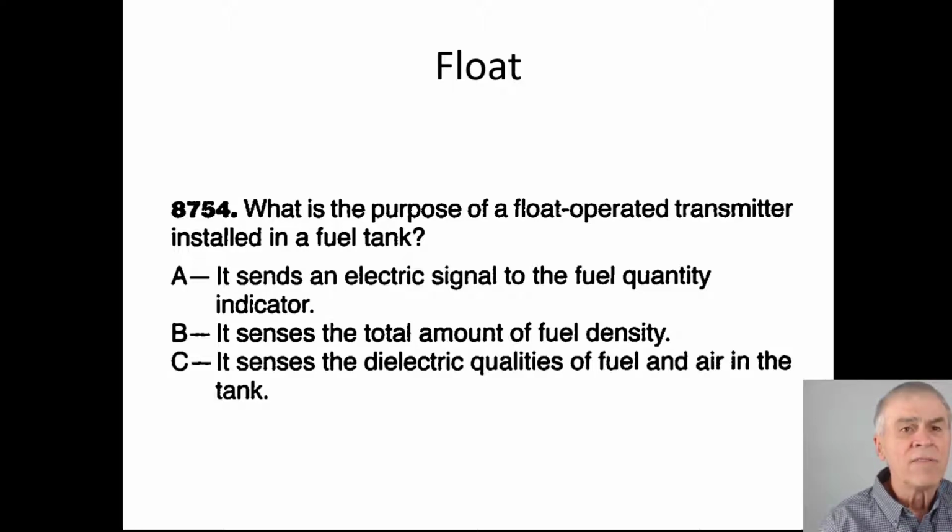Or C, it senses the dielectric qualities of the fuel and air in the tank. Again, that's a description of the capacitance type, which does not have a float. It does not have any moving parts in the tank. So again, the only true answer is A.